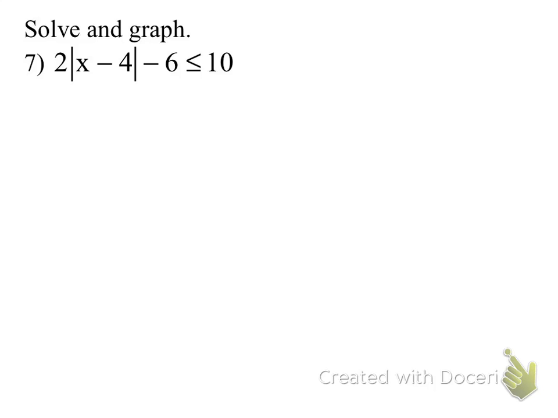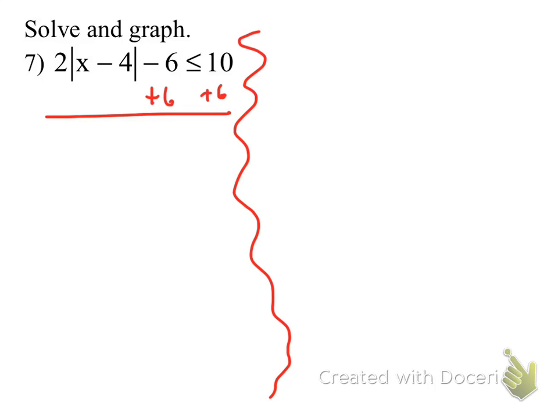This is where the mistakes happen. Okay, so on the first one, what would we do first to simplify this? Nicole? Add 6. We undo our adding and subtracting first, and we are left with 2 times the absolute value of x minus 4.